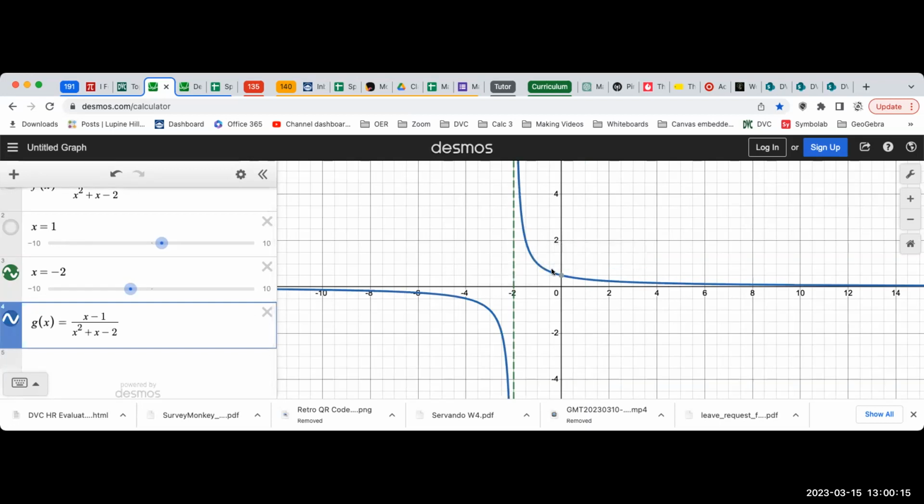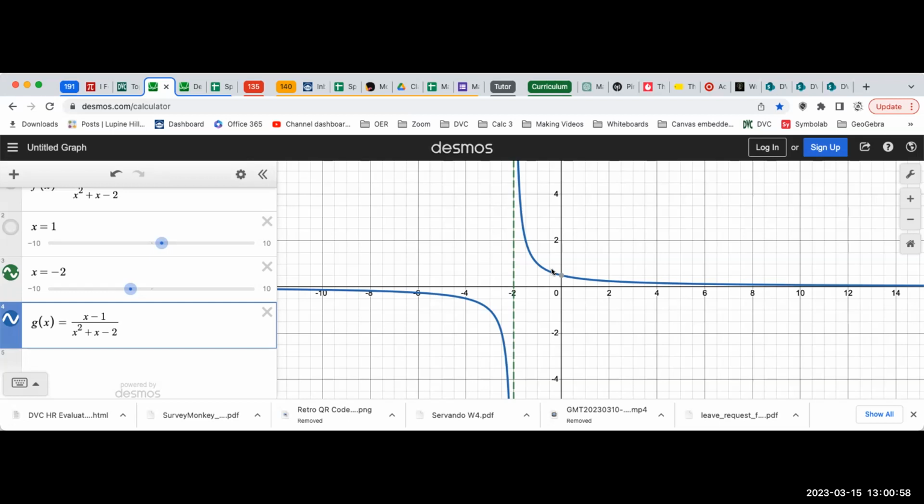But if I go back and look at the domain of this function, this factored into this. What would happen if I plug in 1 here? I'm going to get 0 on the top, and what do we get here? 0. I still got 0 on the bottom. So we still don't want that to happen. Is 1 in the domain? It's still not in the domain. Is -2 in the domain? No, -2 is not in the domain.